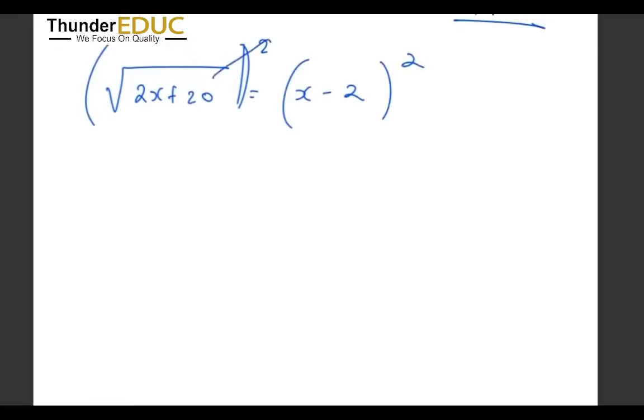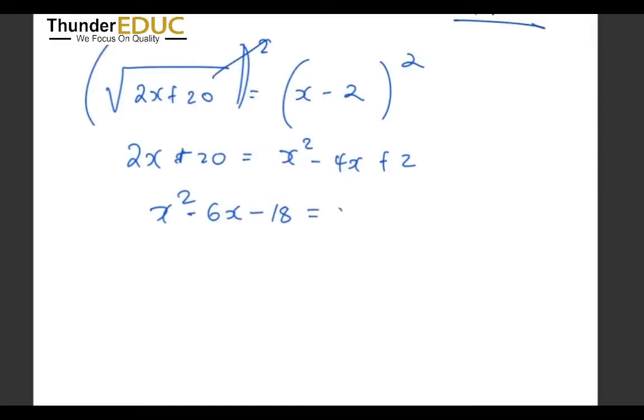So the root sign is killed. We have 2x plus 20 is equal to x squared minus 4x plus 4. Let's transpose and collect the like terms. That's going to be x squared minus 6x. I move the 20 that side. I'll end up with minus 16 is equal to 0.